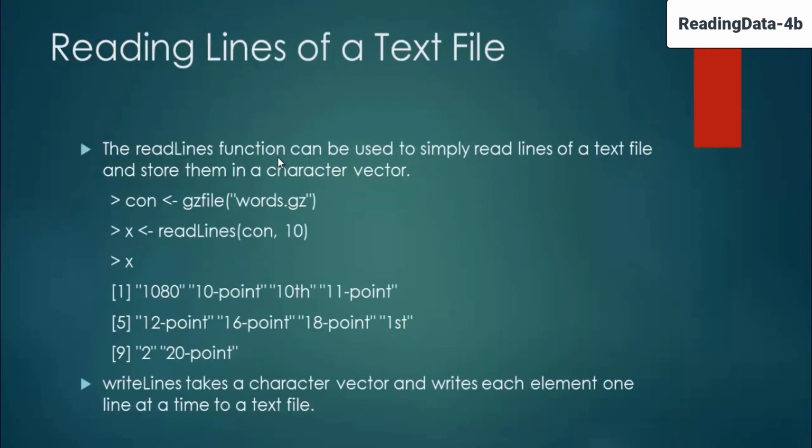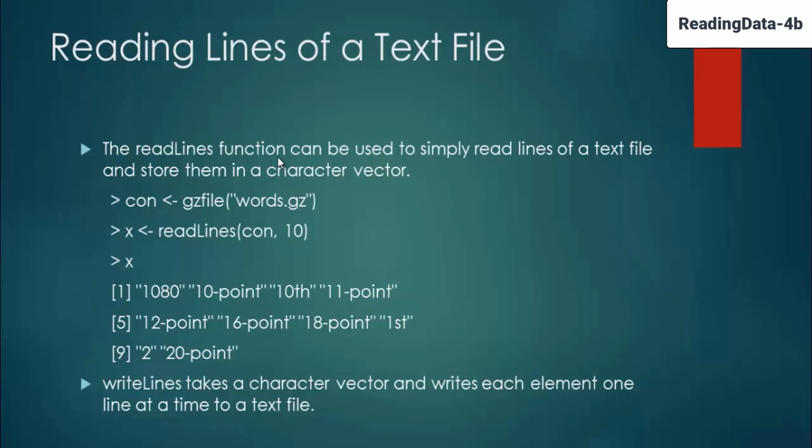Moving on, how to read lines of a text file. I don't have a sample for a gz file, but say you have a compressed file in gz format. You can use the function readLines to simply read the lines of the text file and store them in a character vector using a connection con. Let's say there is a file named words.gz; you can directly connect to that file and read it with readLines.